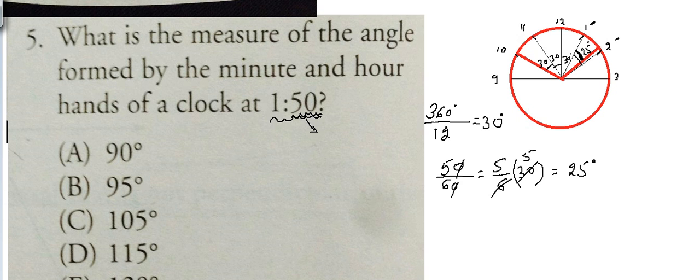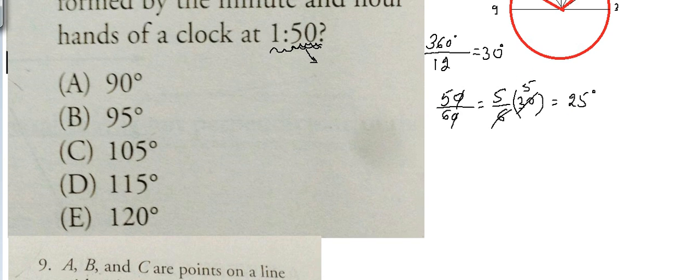Now we can add them all: 30 plus 30 is 60, plus 30 is 90, plus 25 degrees. So the answer is 115 degrees. This is the correct answer. And we will continue in the second video, another video.